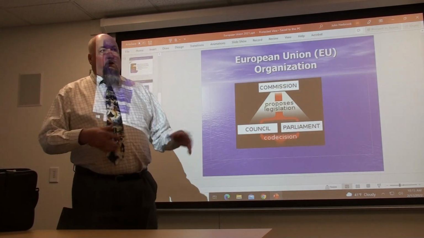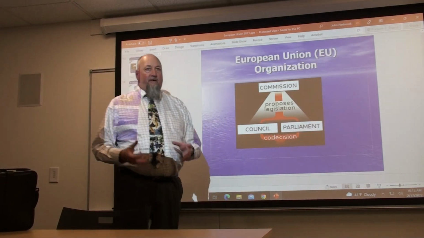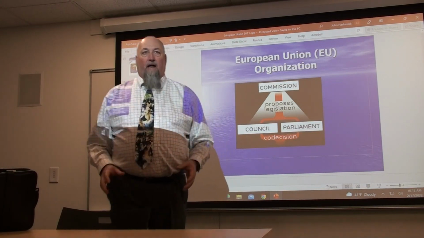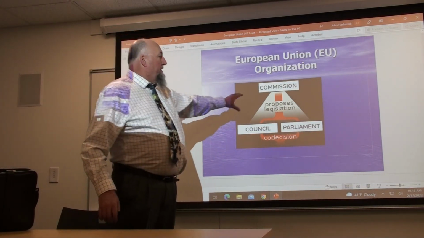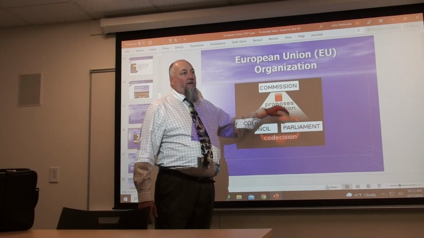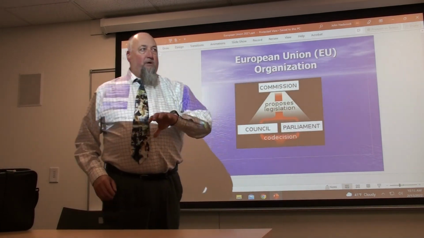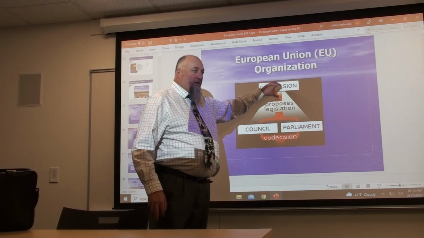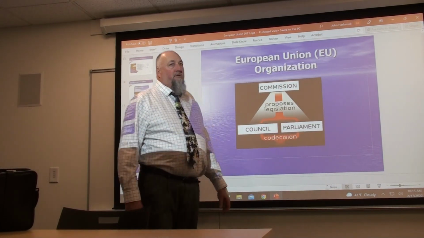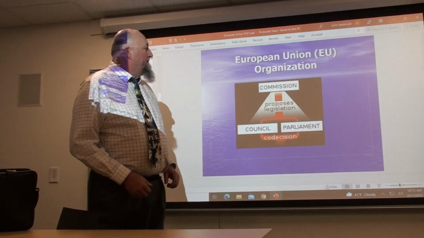Now, it gets a little bit more complicated than I'm really simplifying things. I'm not going to focus on all the intricacies because it goes through different readings and they have a lot of very technical rules. I just want you to know this, they call this the legislative triangle. This is the idea where the Commission, which is made up of members from each member country, initiates a proposed legislative matter, and then it's given to the two branches to, through the co-decision process, agree to create law.